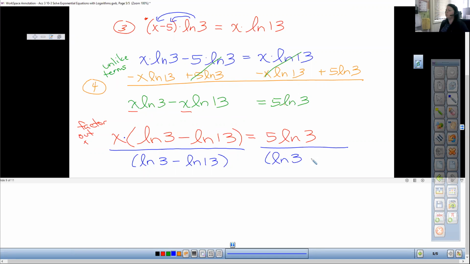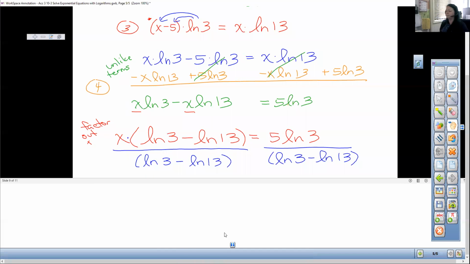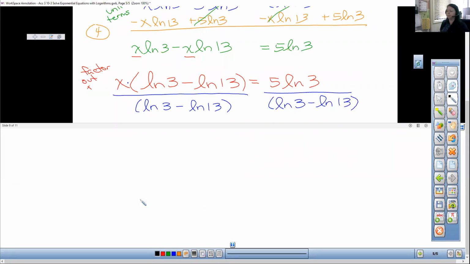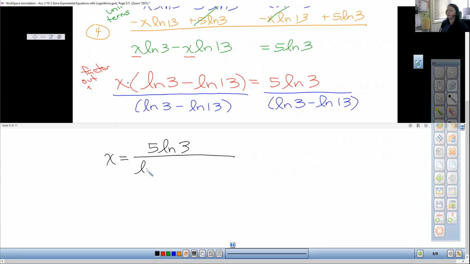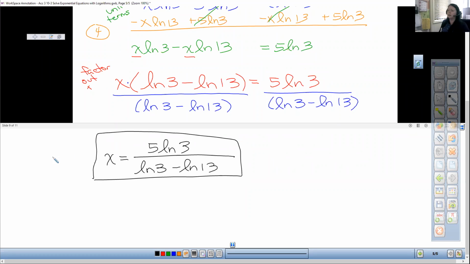I'm leaving these parentheses here for emphasis because we're going to need them when we do the calculation with the calculator. They're not absolutely required for the exact solution. So x equals 5 times the natural logarithm of 3, all divided by the natural logarithm of 3 minus the natural logarithm of 13. This is our exact solution.